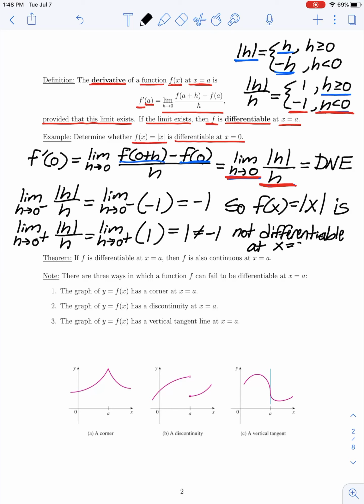at x equals 0. Now, a more intuitive idea for this example would be to consider the graph of the absolute value function. So a little more scratch work up at the top here. Let me fit this in.